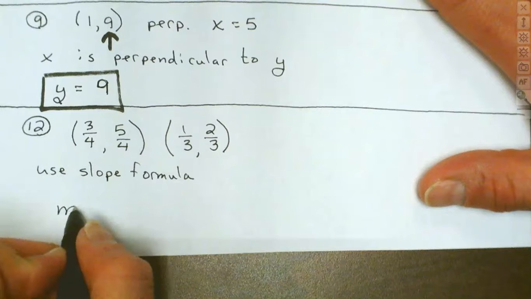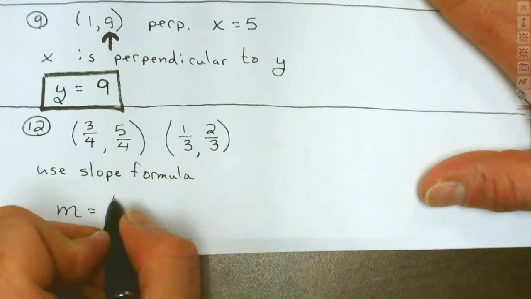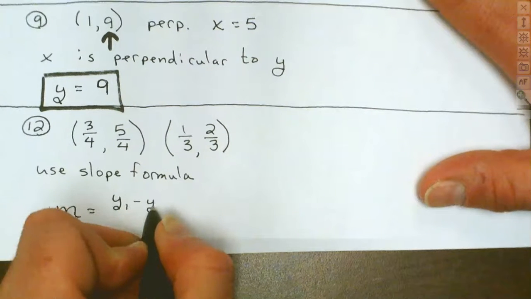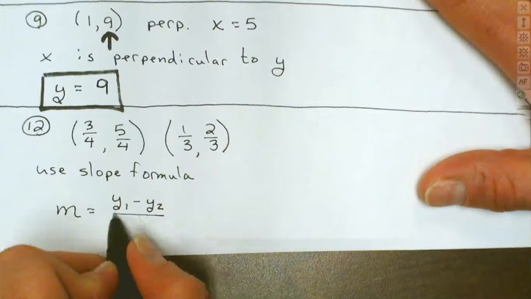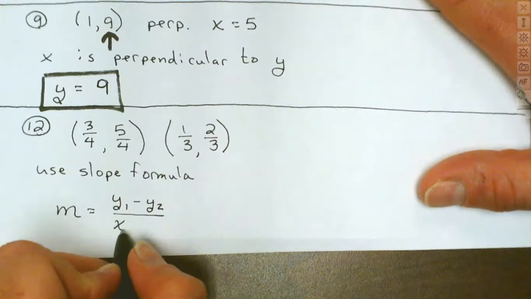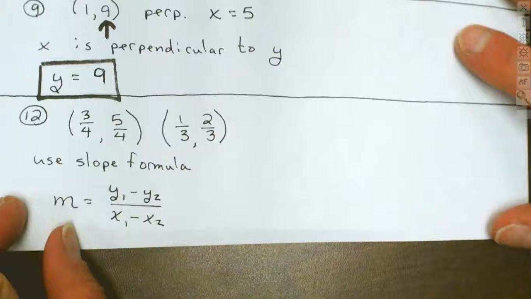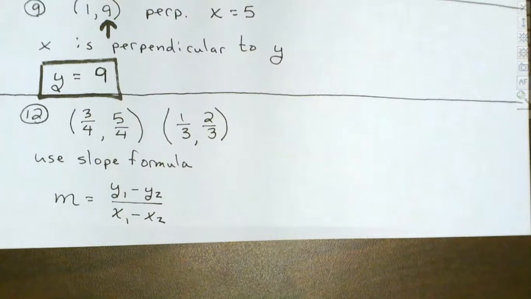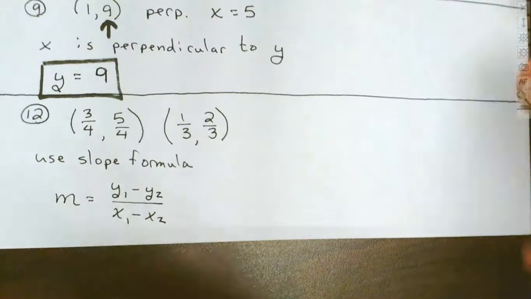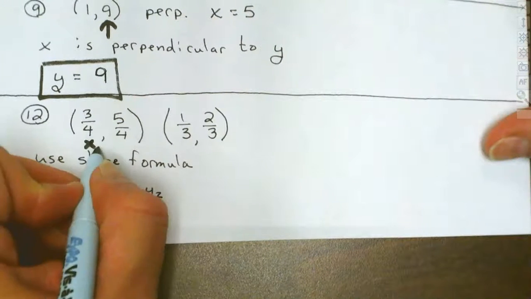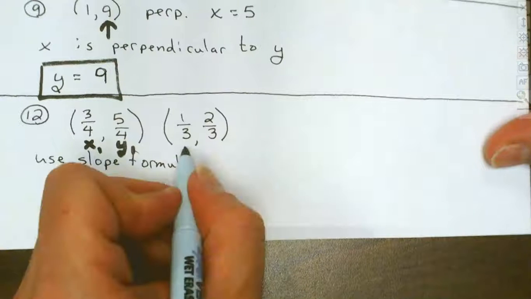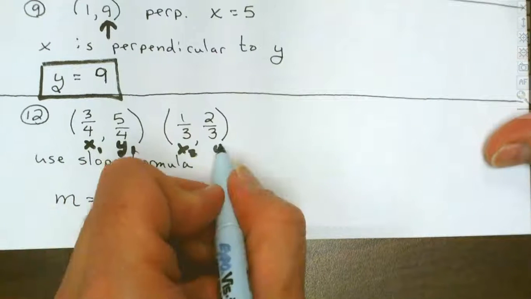And our slope formula is m equals y1 minus y2 over x1 minus x2. So the y's are in the numerator, x is in the denominator. So x1, y1, x2, y2.